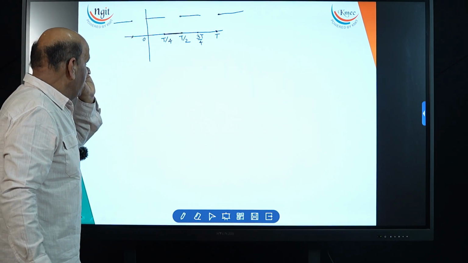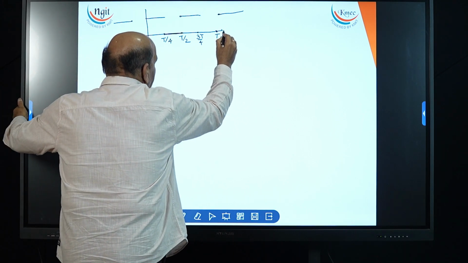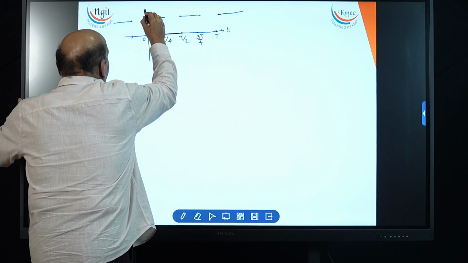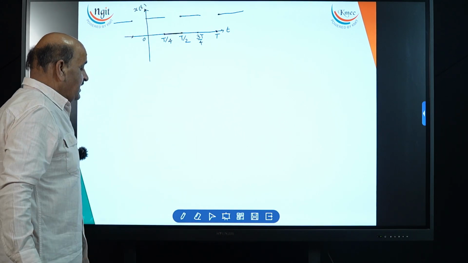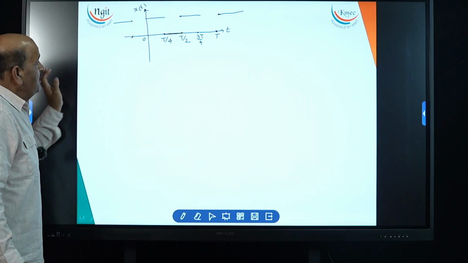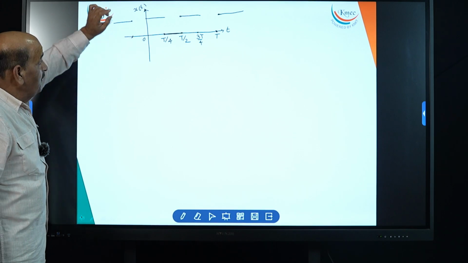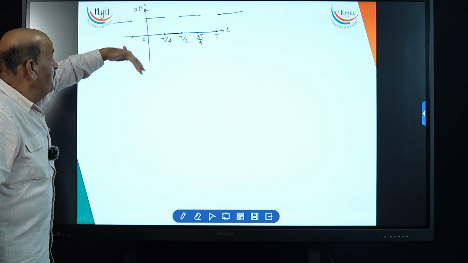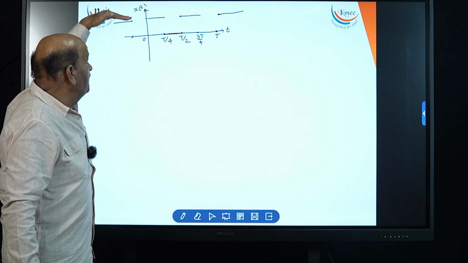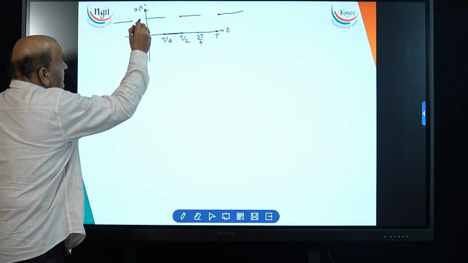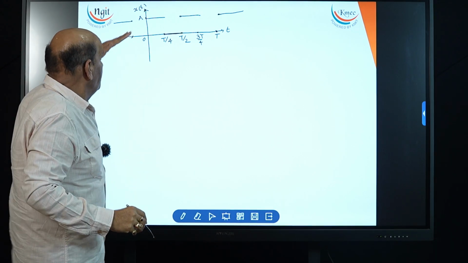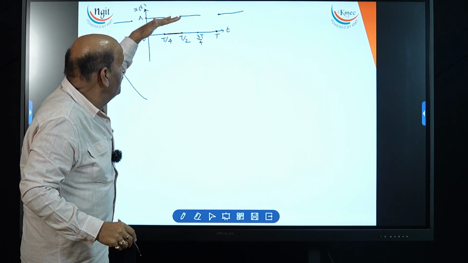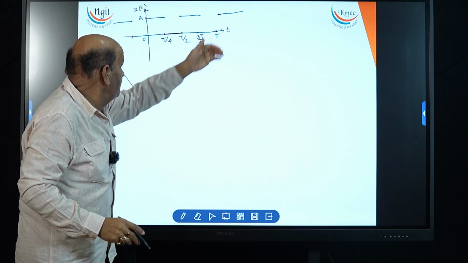Now we have to find the Fourier series for the given wave format x of t. Students have to notice this process of the wave format. The height, its value, the amplitude, is equal to A. Now, wave, no wave, wave, no wave, wave, no wave.